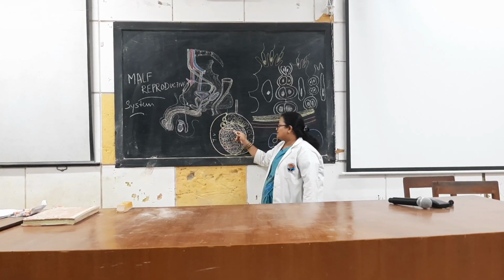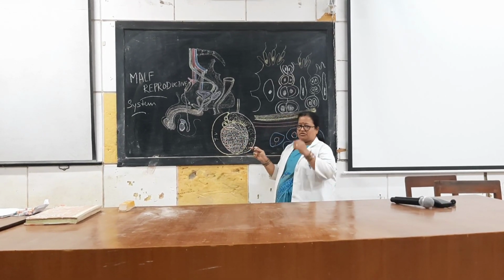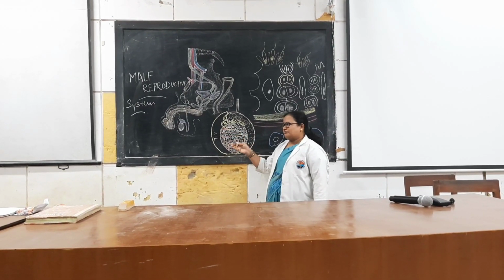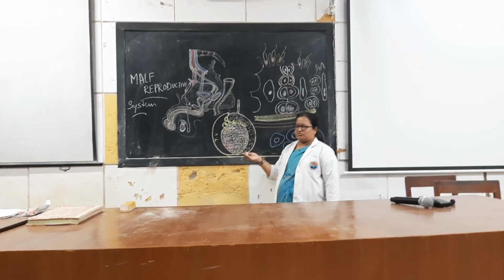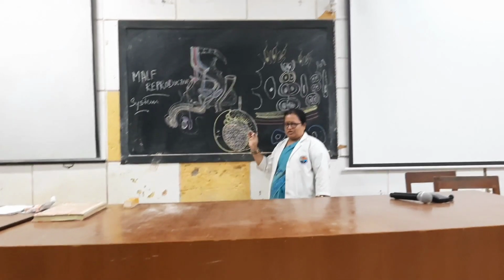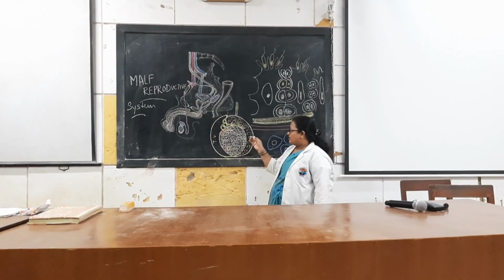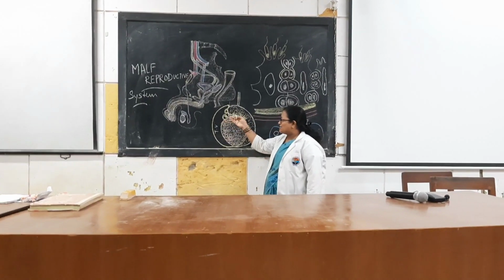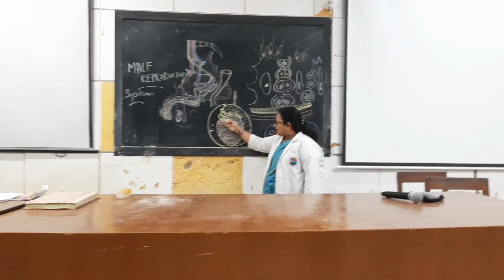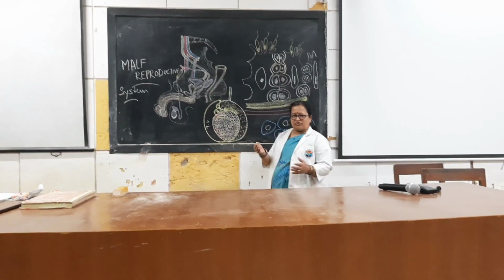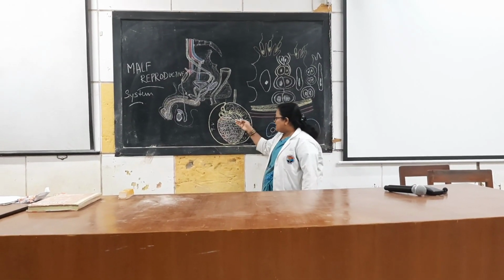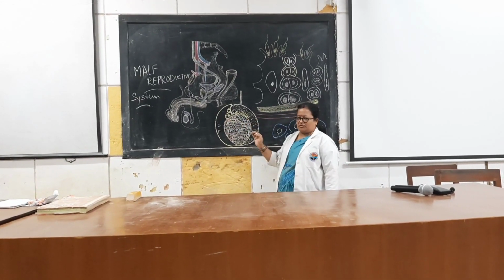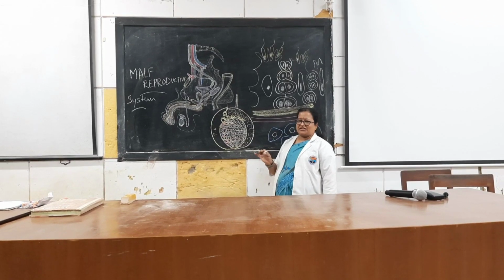These coiled structures are the seminiferous tubules. There are approximately 2 to 4 seminiferous tubules within each lobule. Again, each testis is divided by the septa arising from the tunica albuginea into 200 to 400 lobules, and each lobule contains 2 to 4 seminiferous tubules, and the length of each seminiferous tubule is 2 feet.